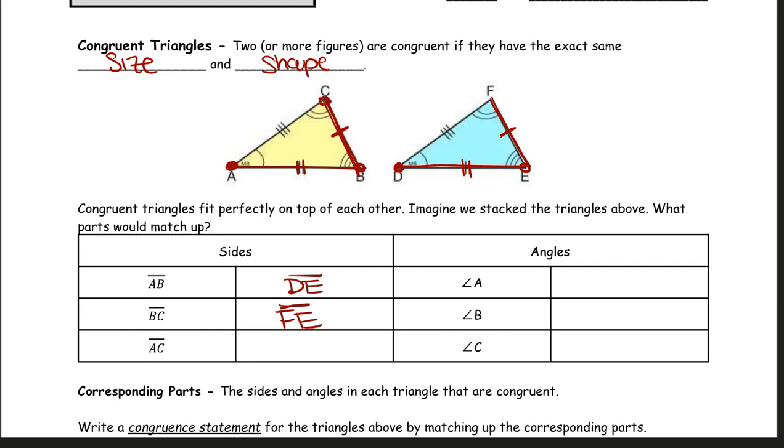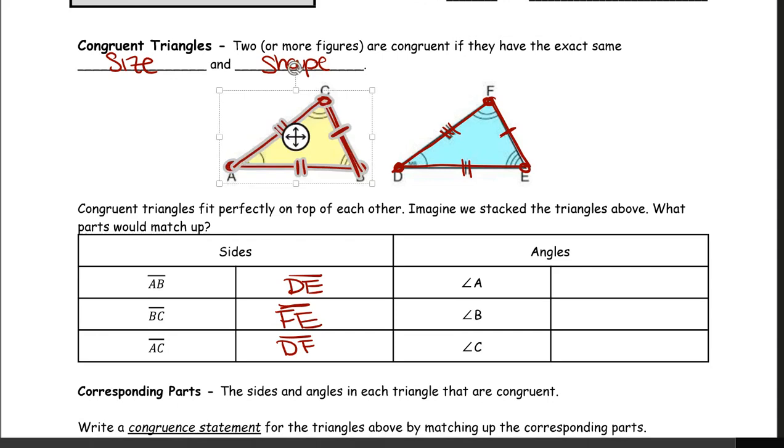And lastly, if I look at the third side, CA, that's congruent to this third side, DF. So every side of this yellow triangle has an exact pair in the blue triangle. When I take CA and move it over, it lies right on top of FD.